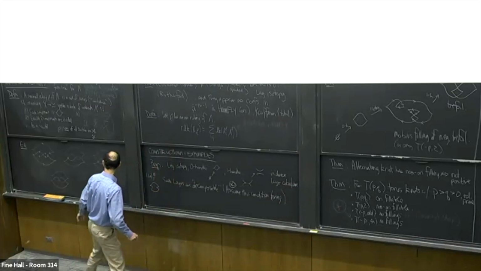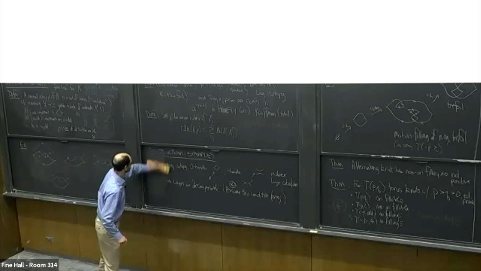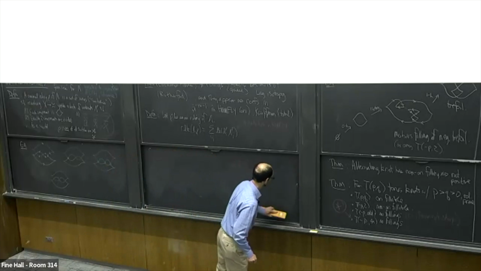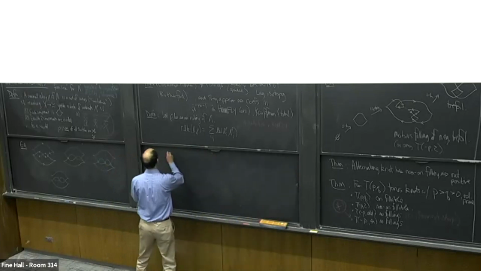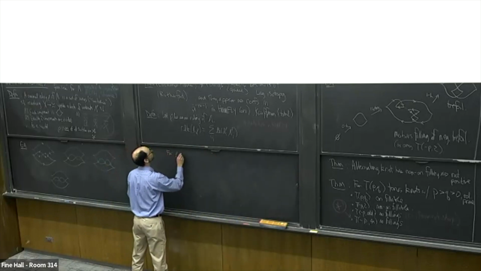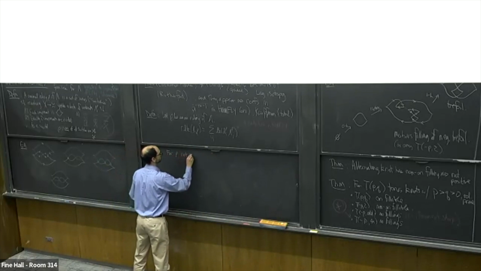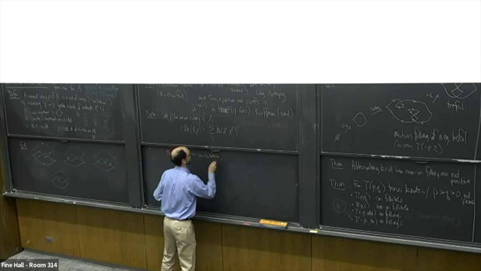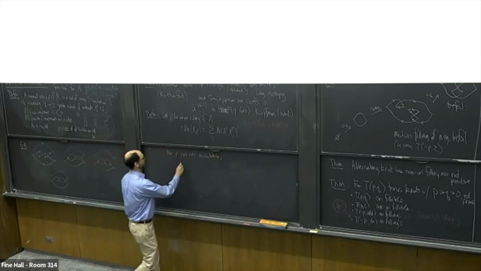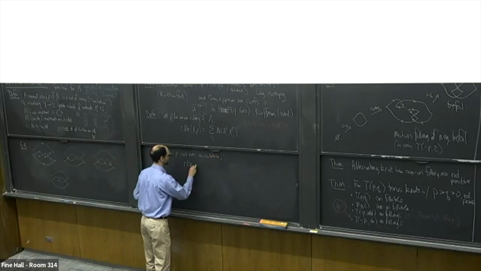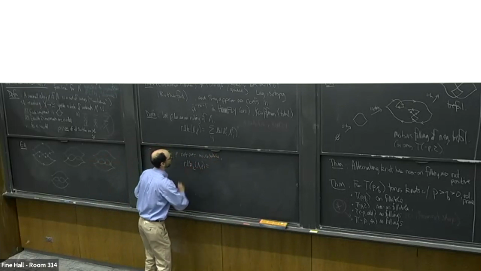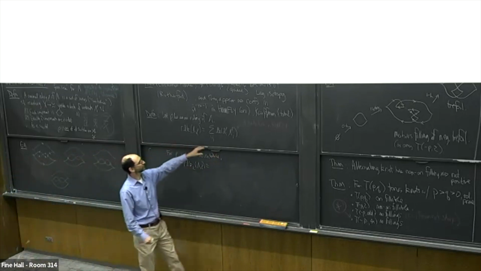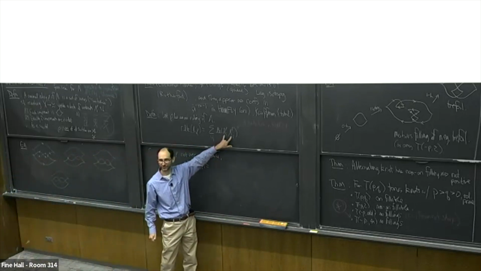The unoriented version: if you're not necessarily orientable, then you can define the mod 2 version to be basically the same thing, except here my components naturally have an orientation. In the unoriented case, they don't.